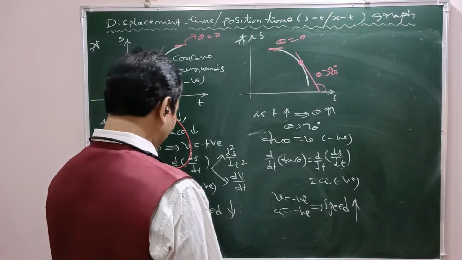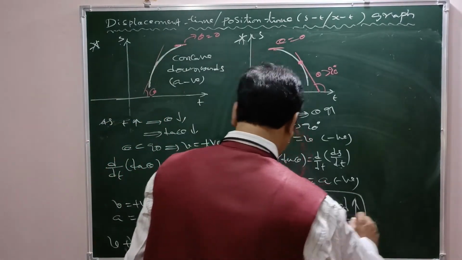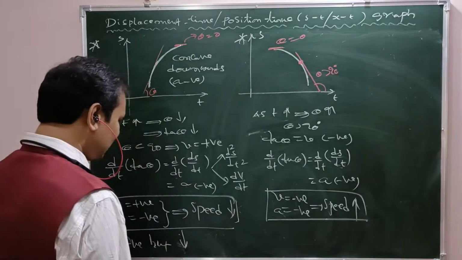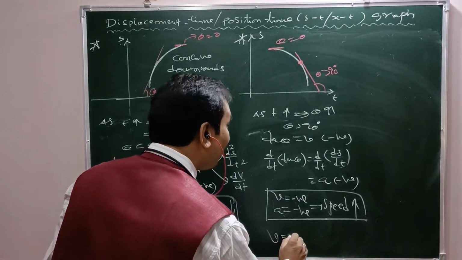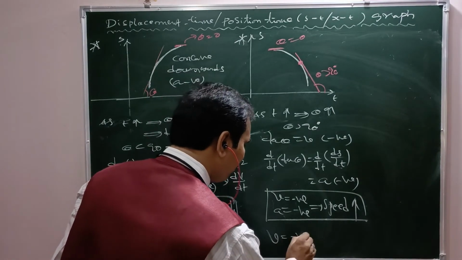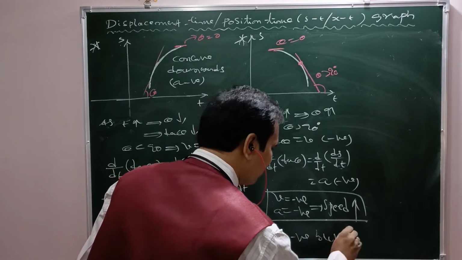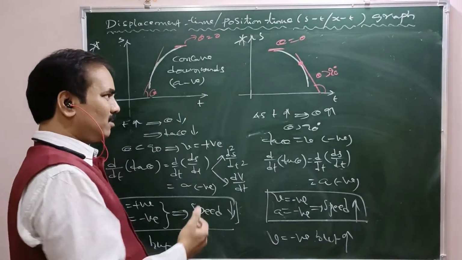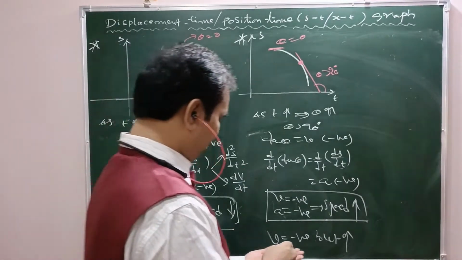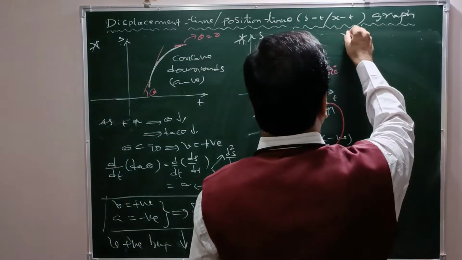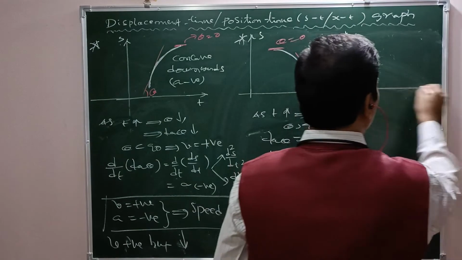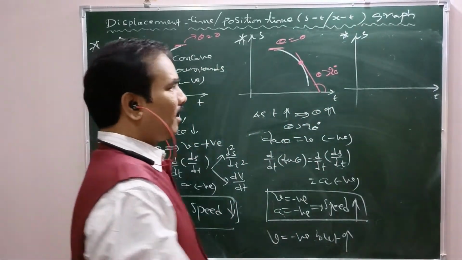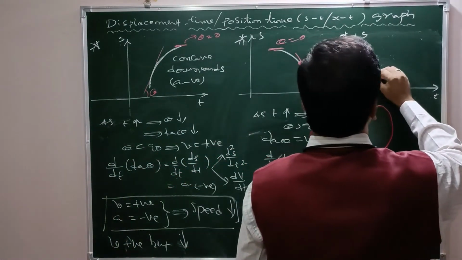See, this is the important point. Suppose I club both the diagrams to have a figure like this, t versus s. The complete figure is like that.